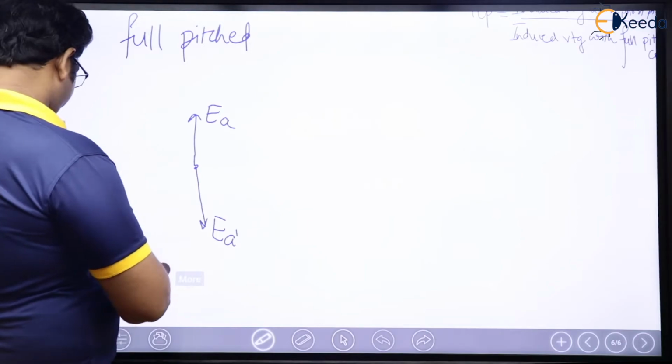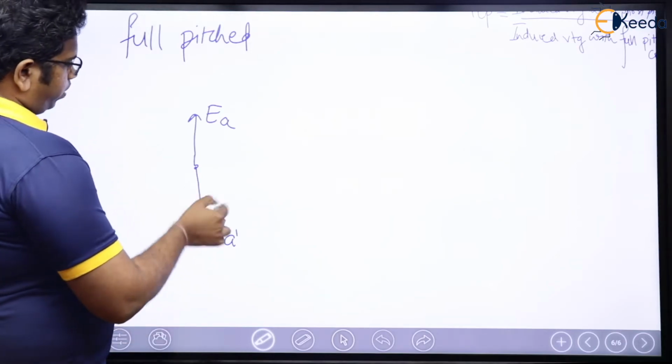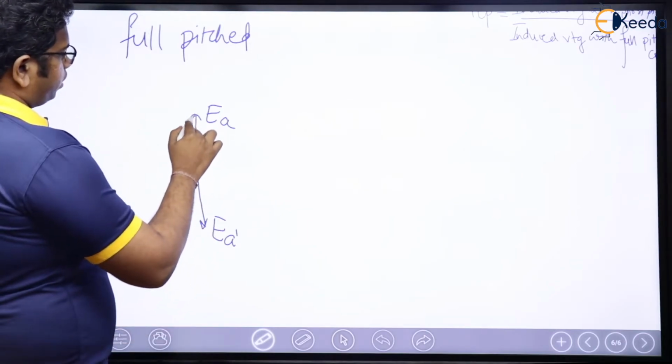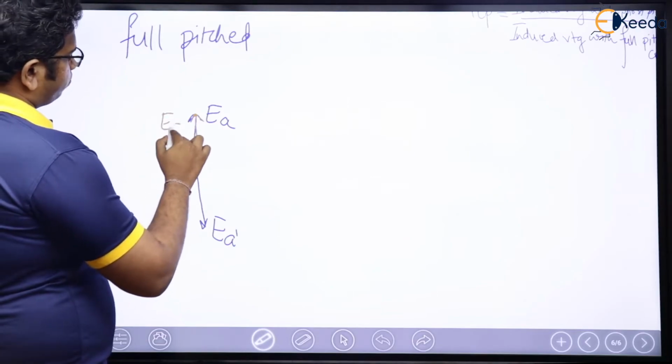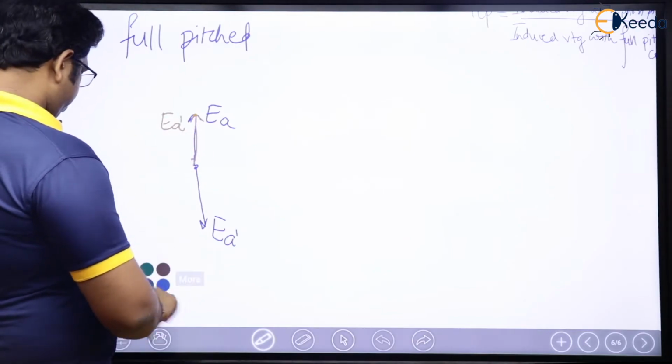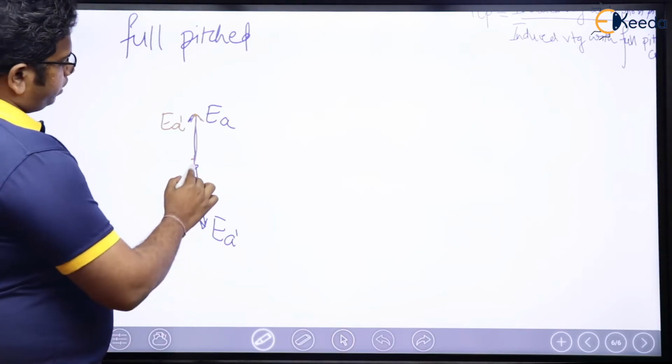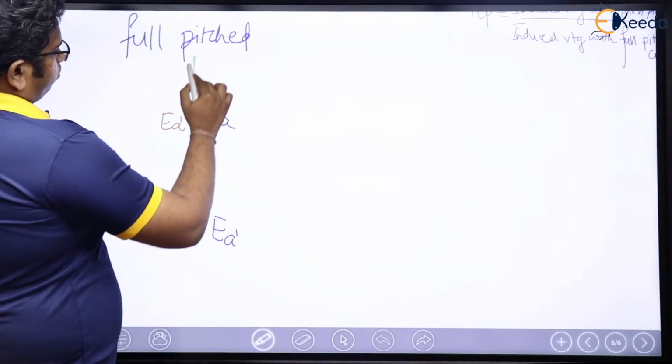So what we did was we flipped EA dash here this way. This becomes now EA dash. And then we added both.